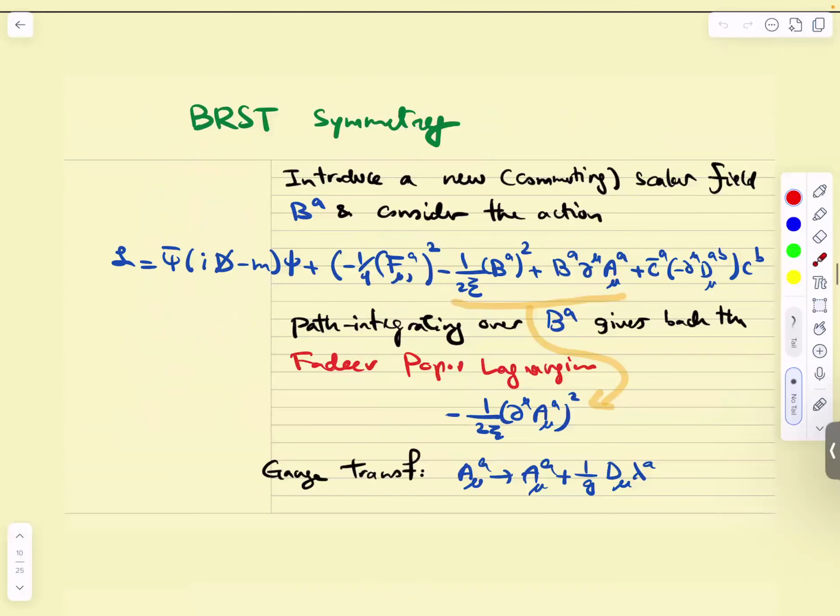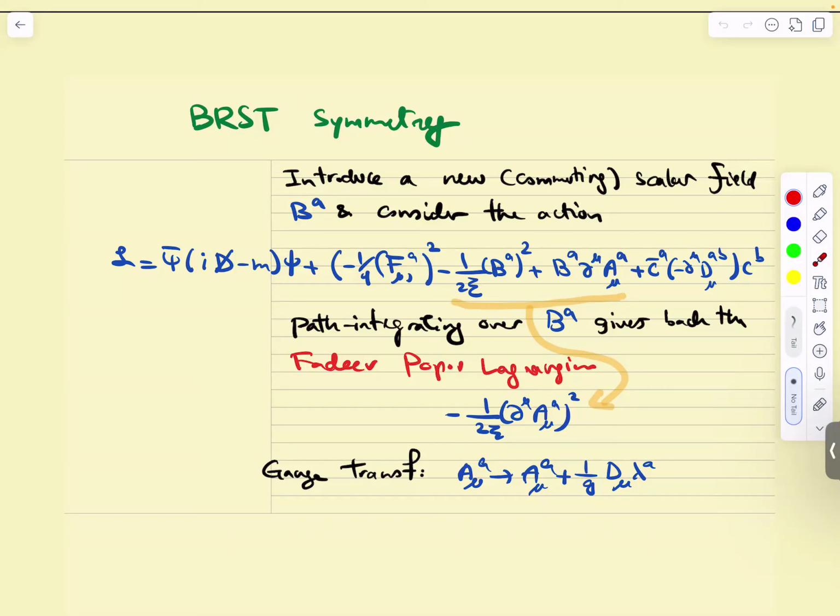Let's do BRST first. BRST takes a little bit of getting used to. Let me tell you first what it is. In essence, it's a very elegant method of repackaging gauge invariance in terms of a symmetry with anti-commuting generators, fermionic generators.